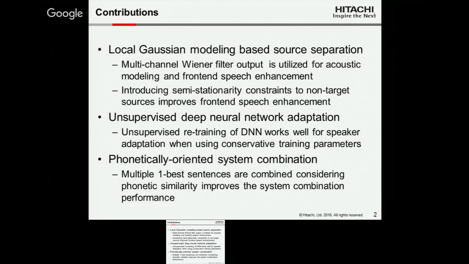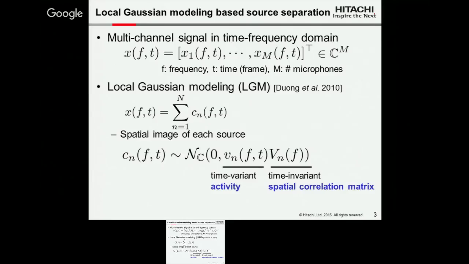First, a brief introduction to local Gaussian modeling. The first formula is just in the STFT domain, where the number of microphones is M. The local Gaussian model was proposed by Duong in 2010. The input signal is decomposed into the summation of the spatial image of each source.